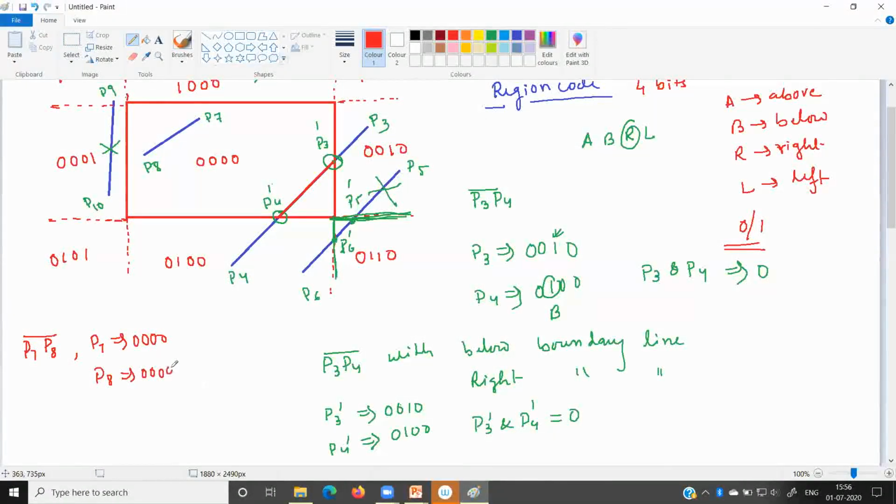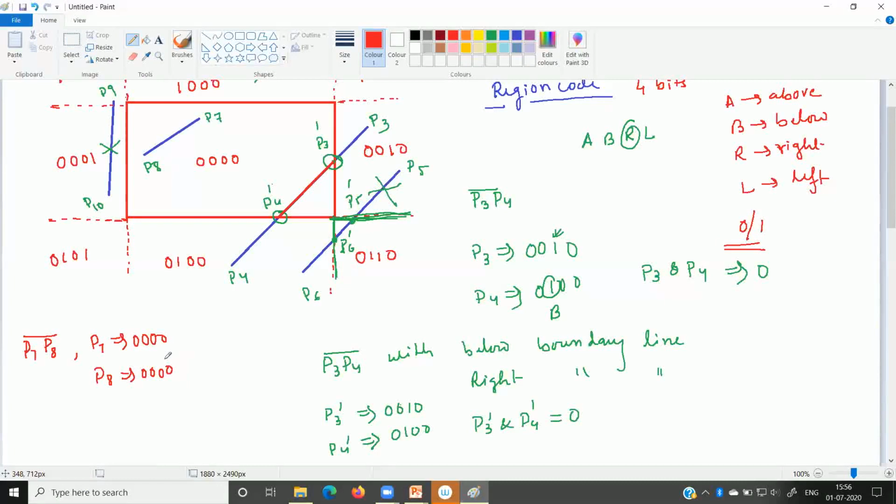That means the region code for both endpoints is 0000, all bits are 0, which indicates both points are totally inside the clip window. As it is totally inside, we don't need to perform any intersection, which indicates the line is already present in the clip window.